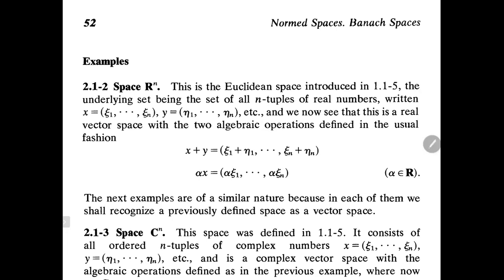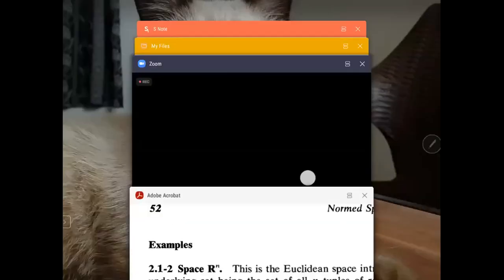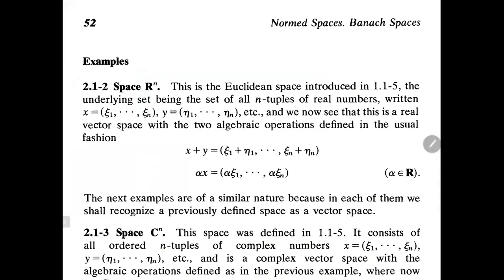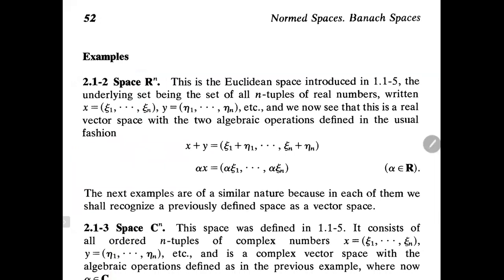So x plus y is equal to xi1 plus eta1 up to so on xin plus eta n. And you can add the corresponding coordinates. So first tuple of x will be added to the first tuple of y and up to so on. Similarly, scalar multiplication. So you can multiply scalar alpha with x by multiplying alpha with every tuple xi1 up to xin.